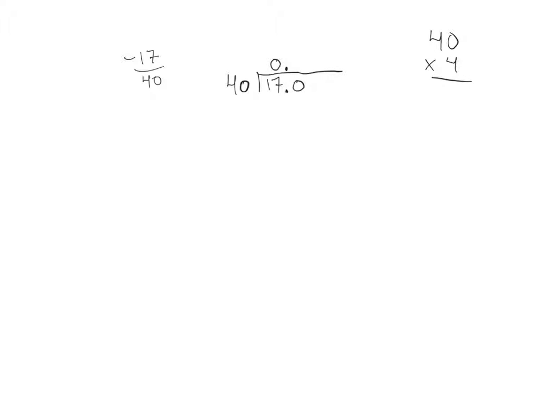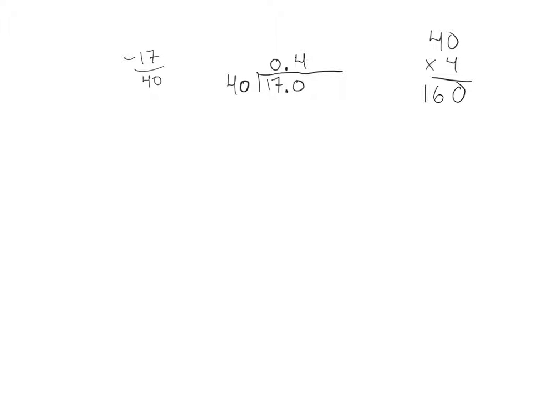And the reason I say 4 is because I know that 4 times 4 will give you 16, which is going to be really close to that. So let's check it out. So 4 times 0 is 0. 4 times 4 is 16. So we have 160. And if I added another 40, you see that would be too high. All right, so 40 goes into 170 4 times.